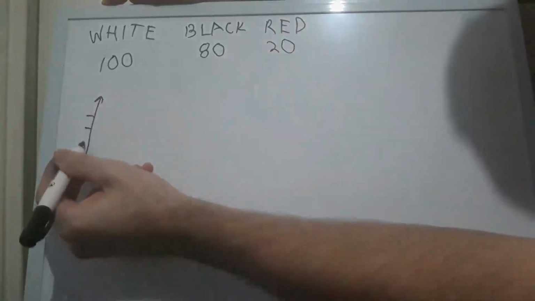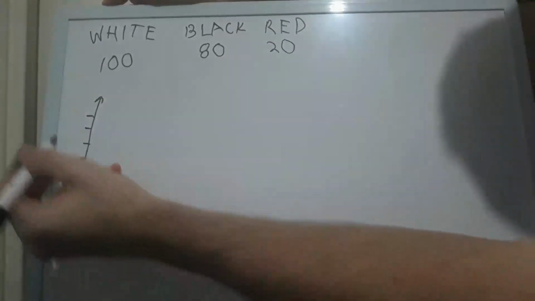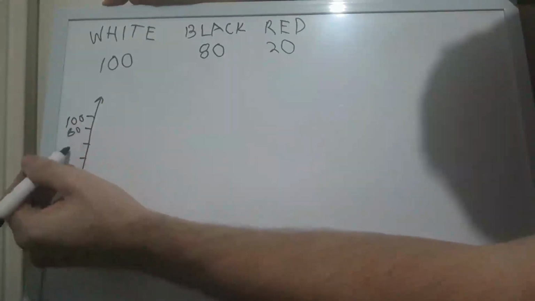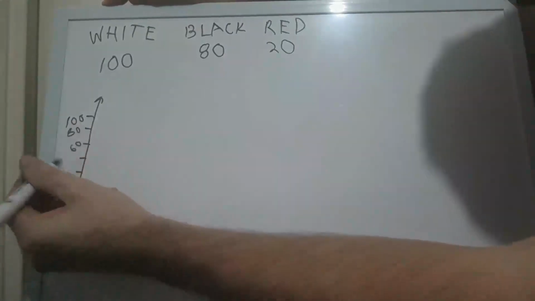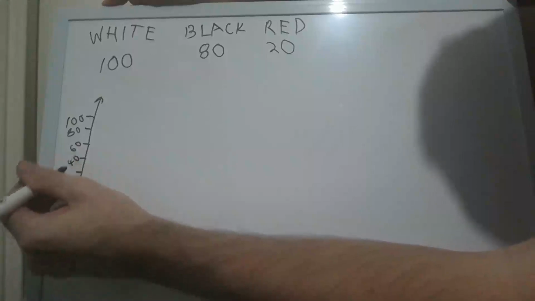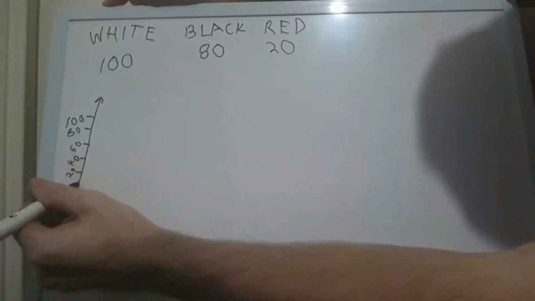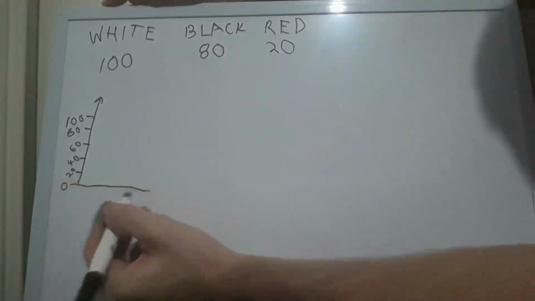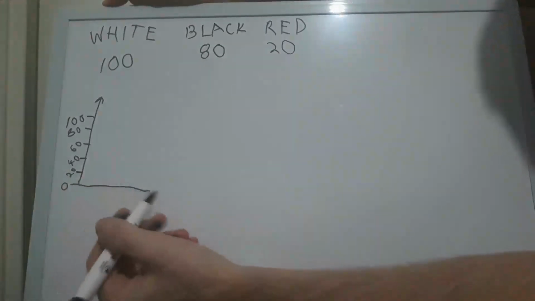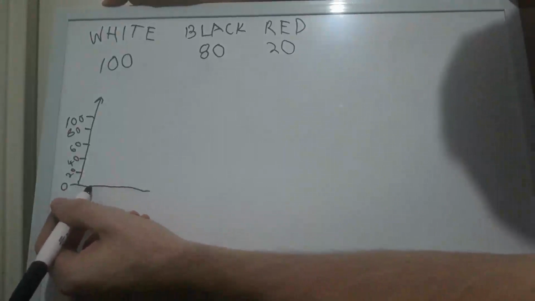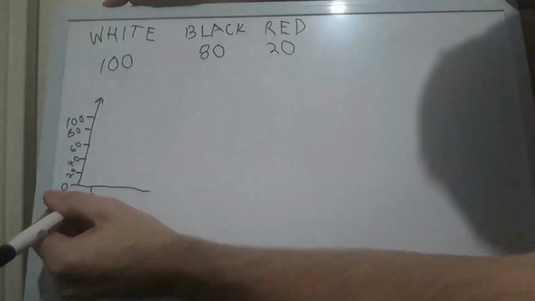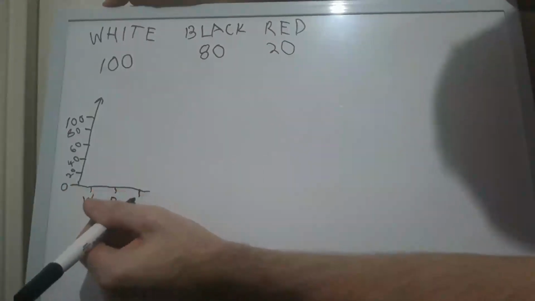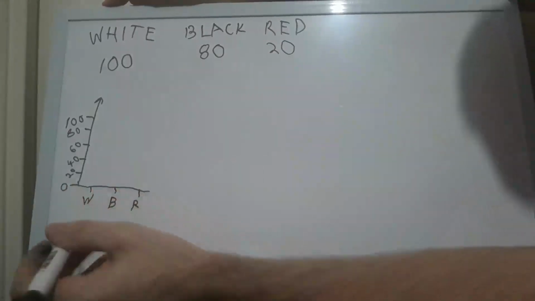So let's divide that up. Let's say up here is 100, 80, 60, 40, 20, and down here, let's call that 0. And then here, I'm not going to put an arrow there because this isn't numerical data, this is categorical. So let's call this W for white, B for black, and we'll call this R for red.